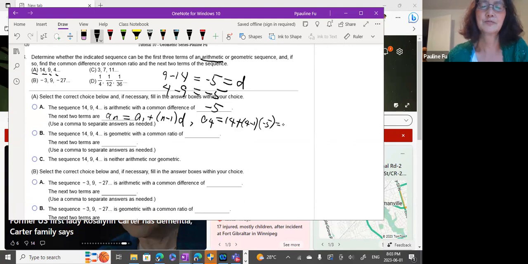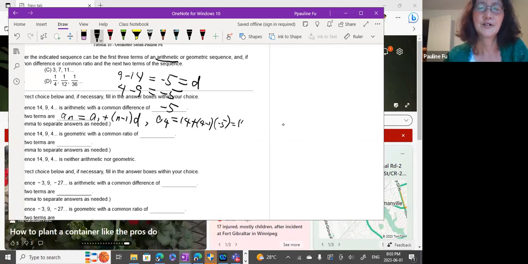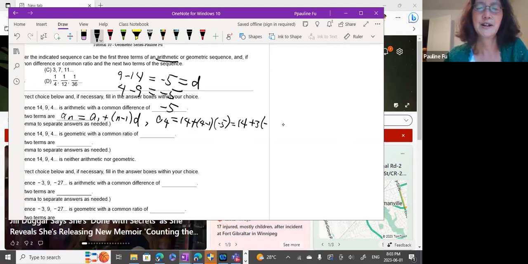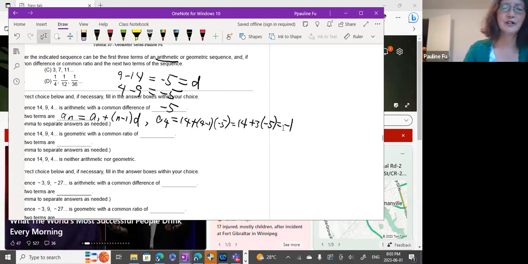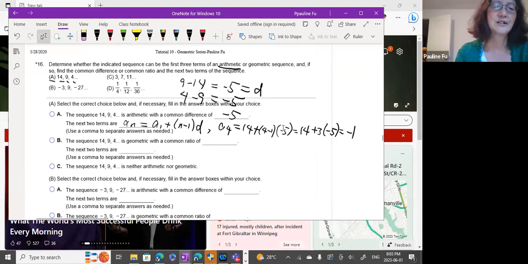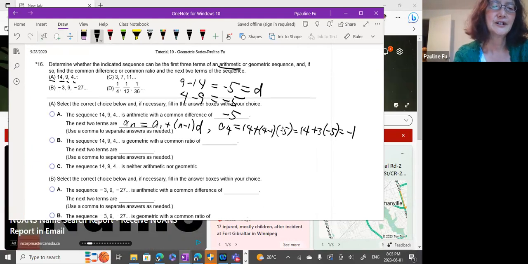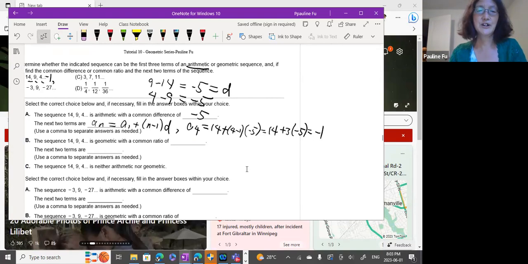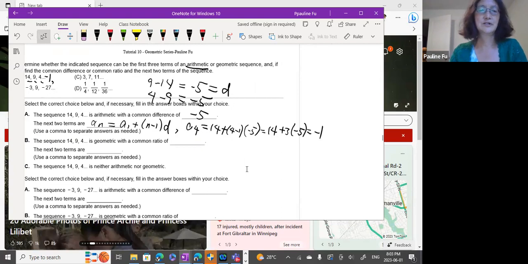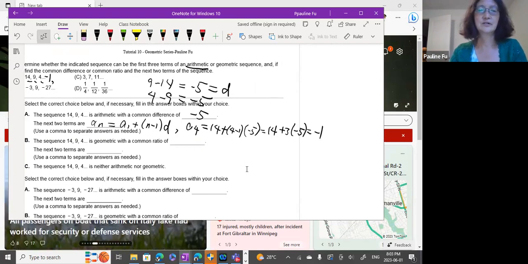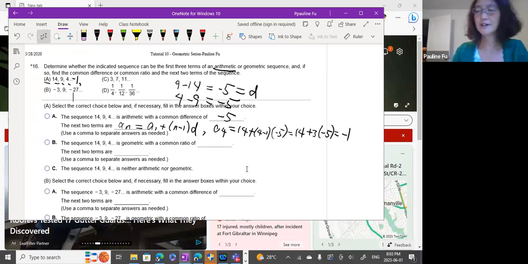So equal to 14 plus 3 times -5, so -1 is a_4. Let me double check. Okay, so the next term is -1.